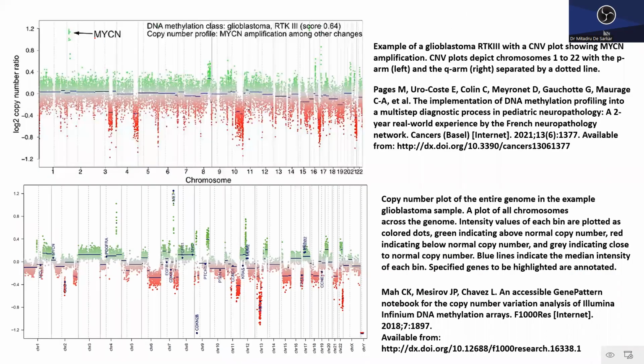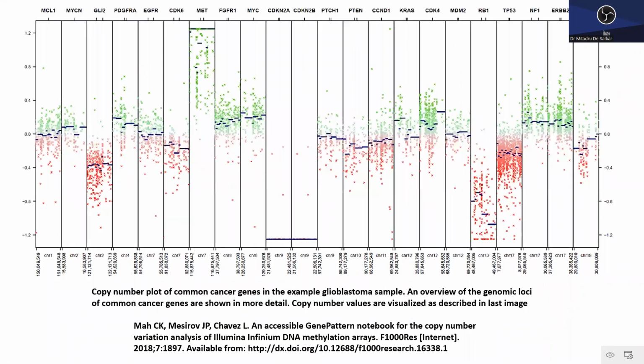And there can be some IDH wild type glioblastomas which will be MYCN amplified. So this is picked up by your DNA methylation profiling as an increased amplification of the MYCN locus. So these are the various genes which are associated with the amplification or the deletion.